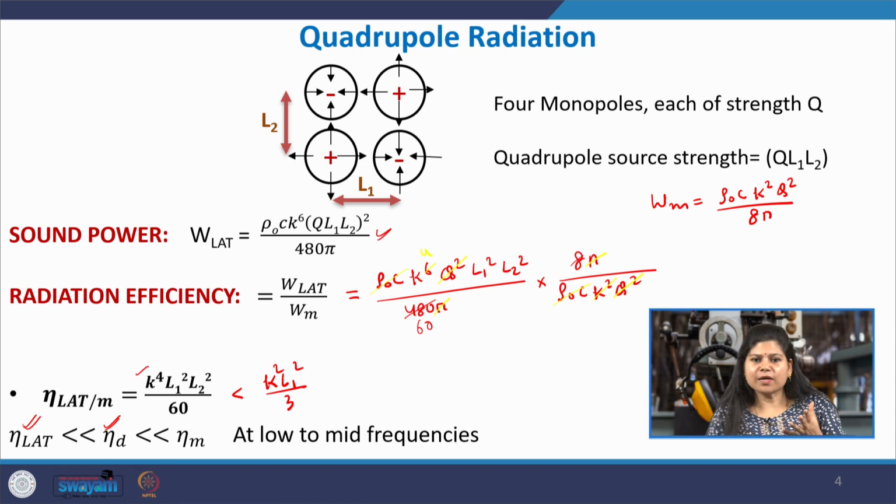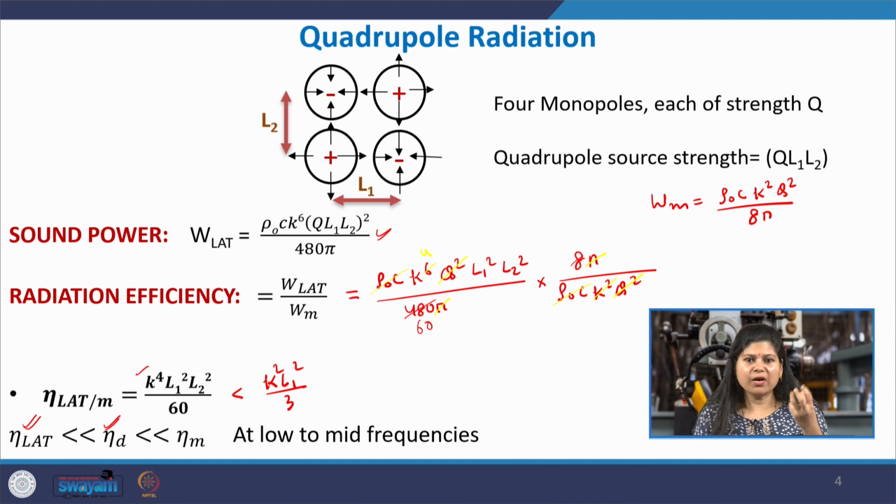So, from the noise control point of view, if by some means we are able to convert a monopole source into a dipole, and even better into a lateral quadrupole, then the radiation efficiency is going to go down heavily, and we are able to attenuate the sound waves that particular source is generating.